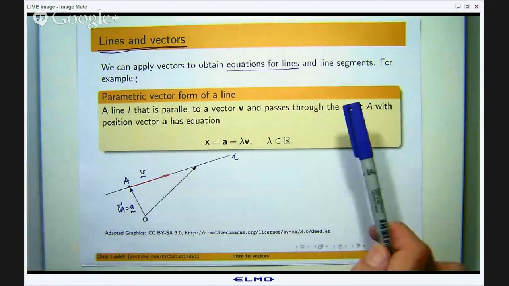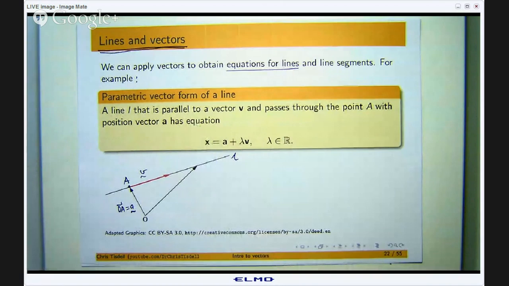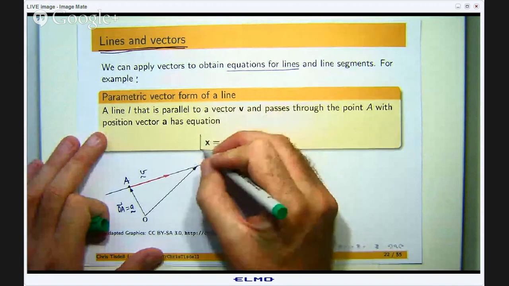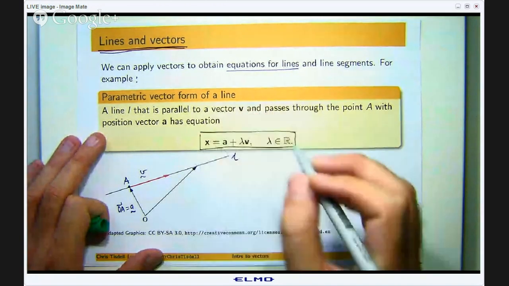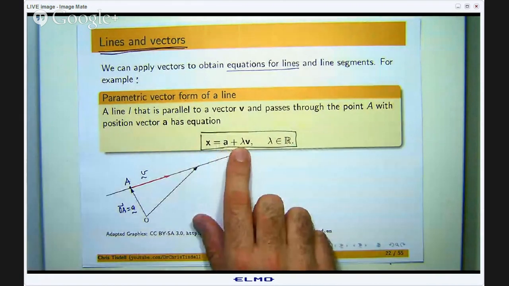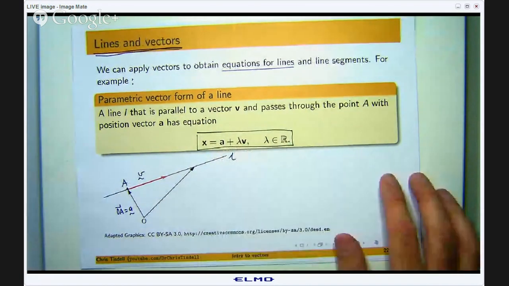Now, the claim is that the line L has the following equation. The vector x equals the vector A plus lambda times the vector V.